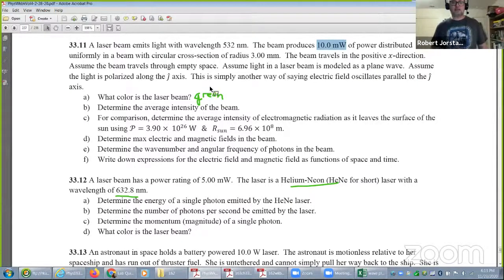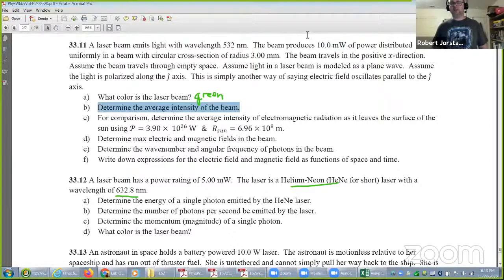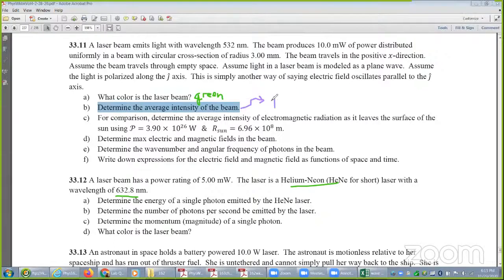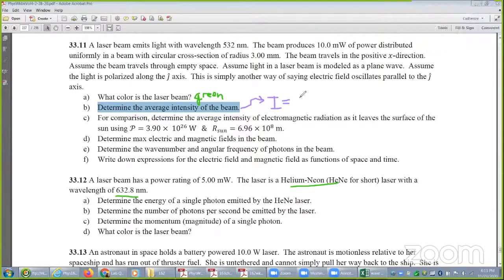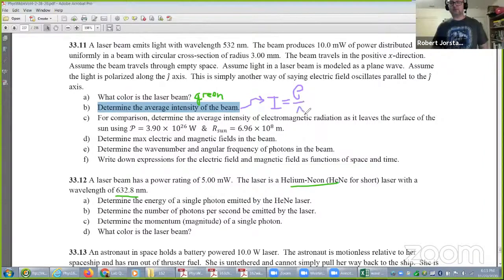Okay, next. How do we get the average intensity? Any beer drinkers out there that have a suggestion what equation we might use? IPA. Intensity equals what? P over A. Good. So it's watts per meter squared.